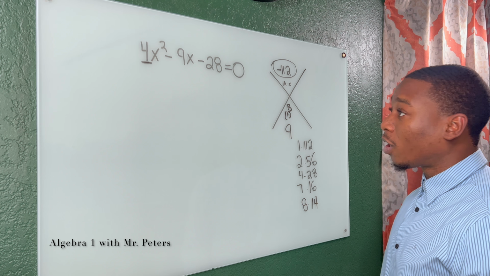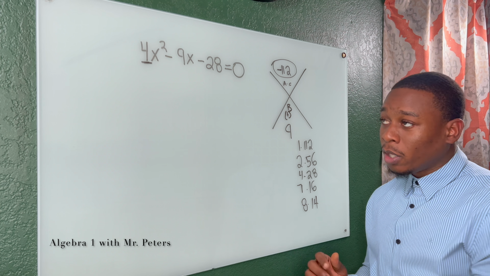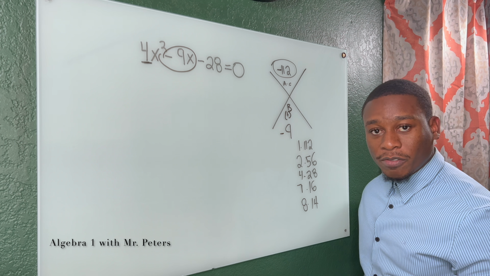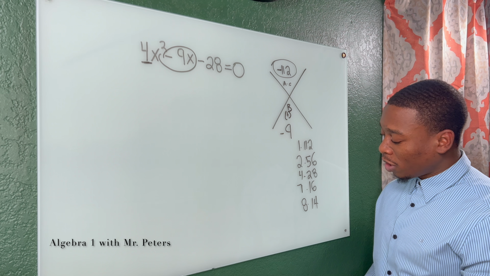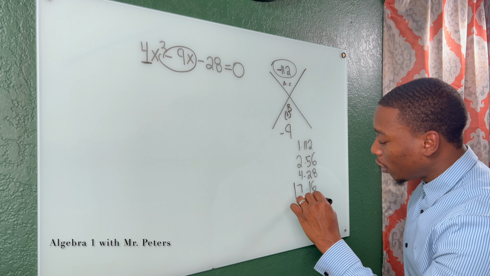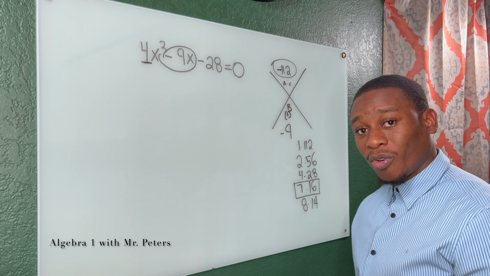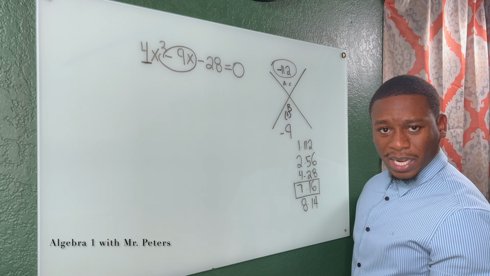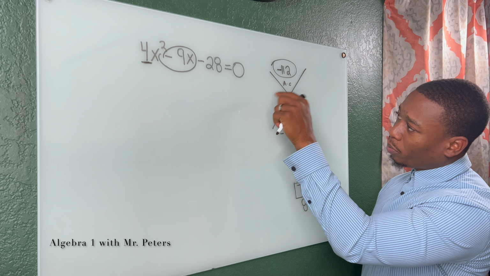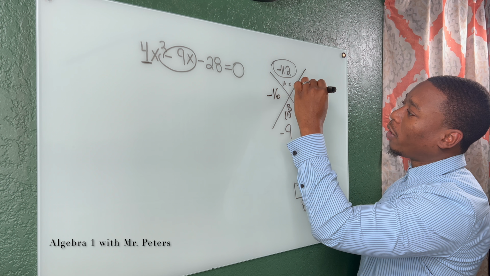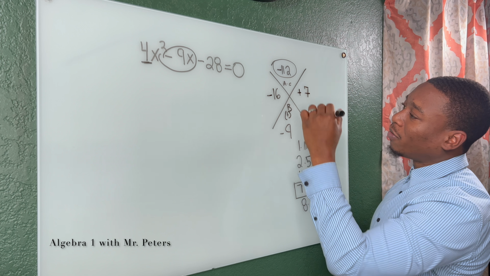Now understand that the combination we're looking for has to equal this middle term, negative 9, when we add those two factors. The only one that could possibly give us that is 7 times 16. So now we found our factors, we're going to plug them in here. So we have negative 16, so we can get that negative 9, and positive 7.